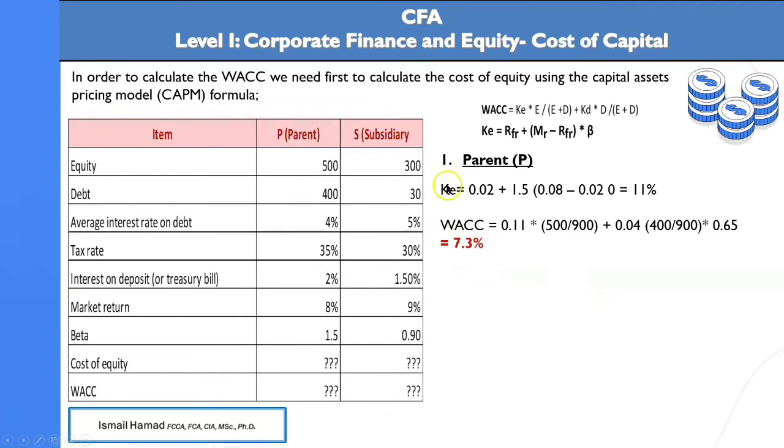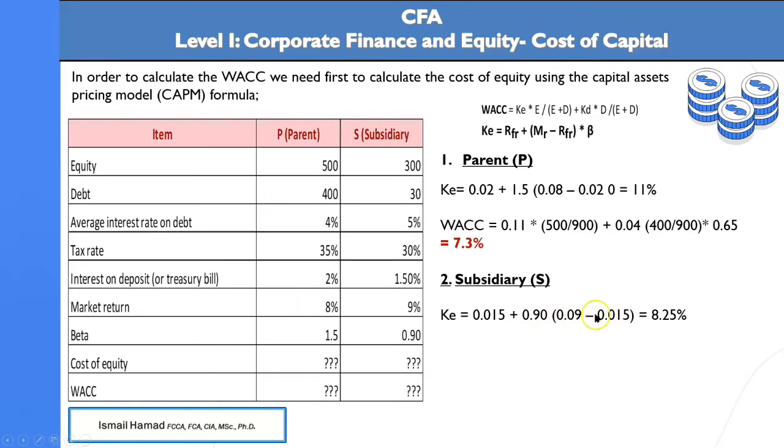Similarly, we are going to calculate the cost of equity for the subsidiary, which is the 1.5% treasury bill risk-free rate of return times beta 0.9, which is lower than the parent's beta because of very low leverage.